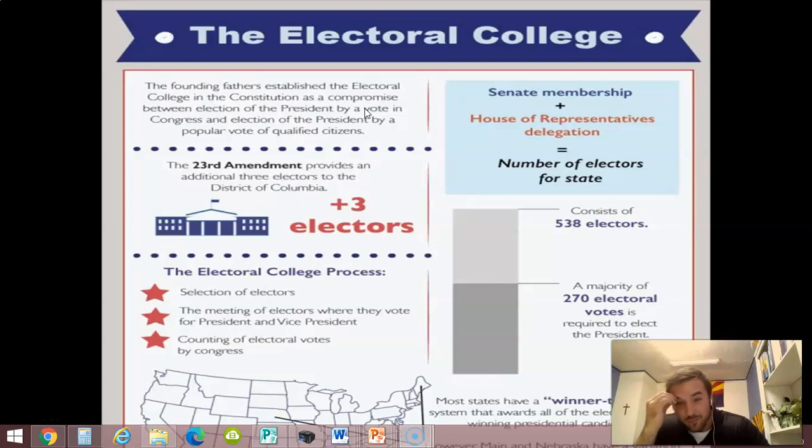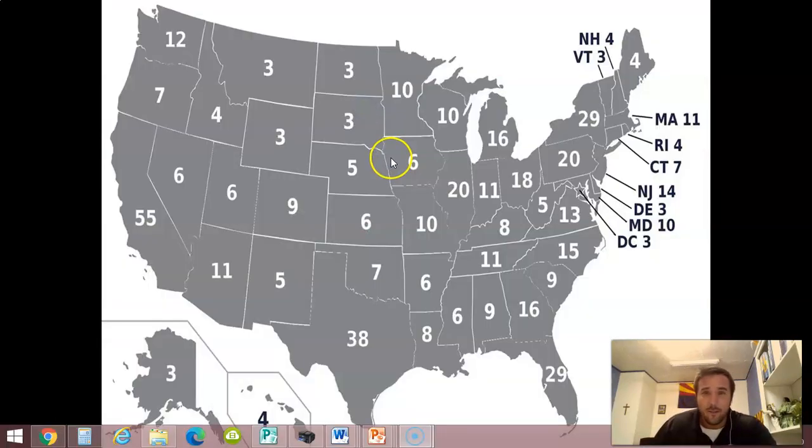So, my fine folks, if we go back to this map right here, that's the reason why California has the most. Remember, they get 2 votes for the 2 senators and then 53 representatives, because there are by far the most people living in California than in any other state.